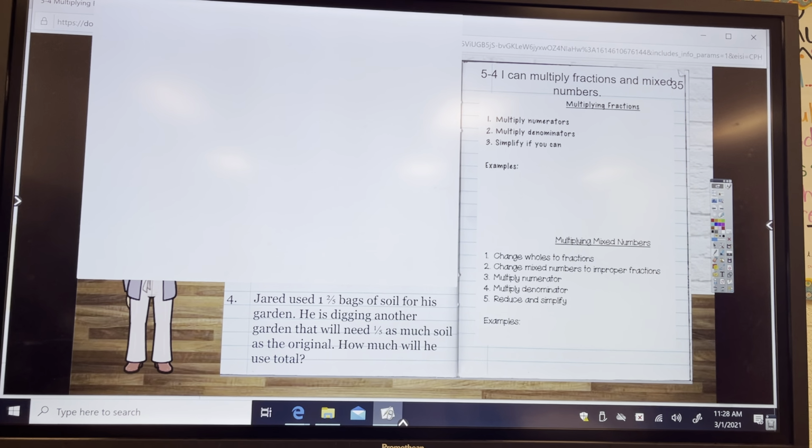And the original was how much? 1 2/5 bags of soil. So what does of mean in math? Multiply. So we have 1/5 times 1 2/5.